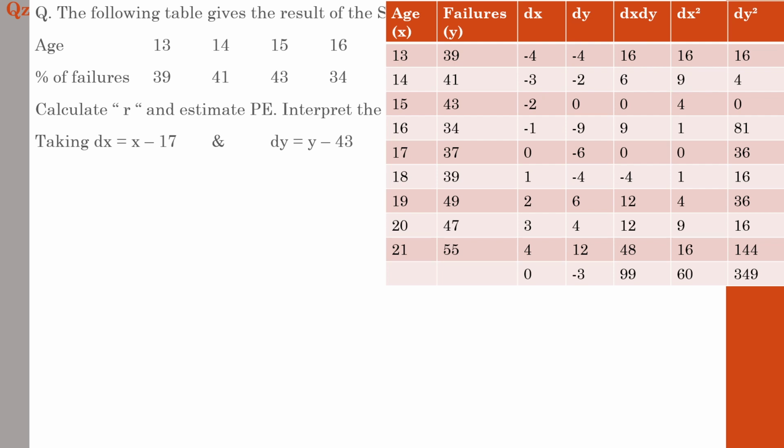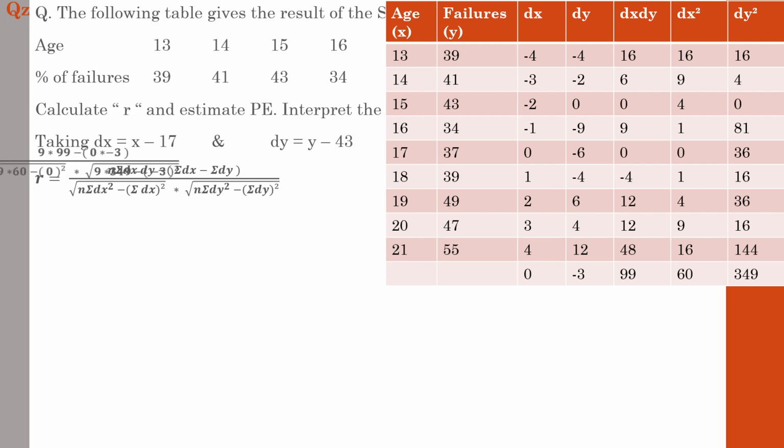Okay, once you have found the corresponding columns, substitute the details in the equation, and the equation is like this: r equals the corresponding equation. Just go through the equation and familiarize yourself with it.